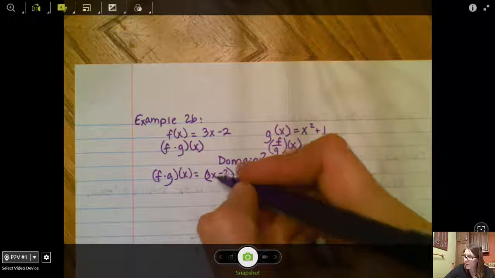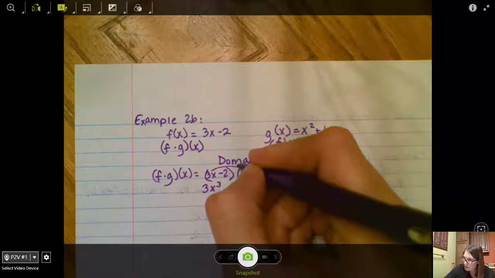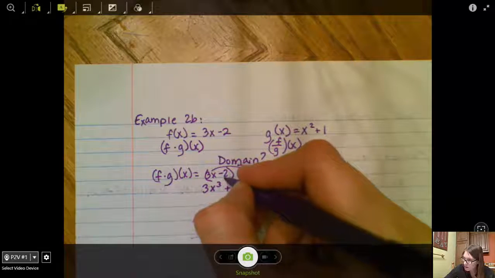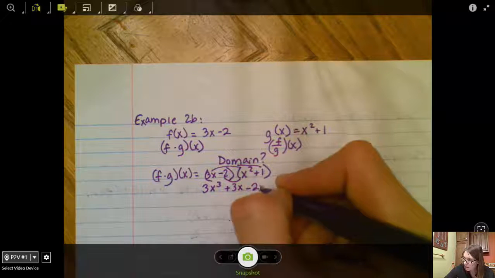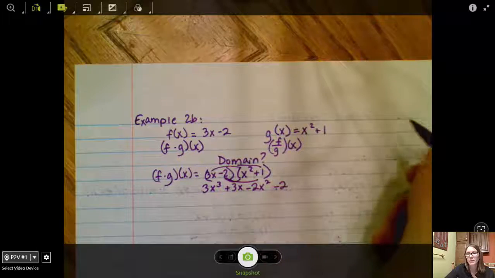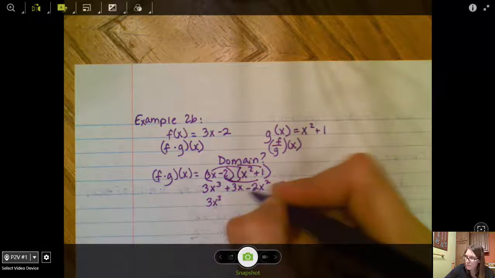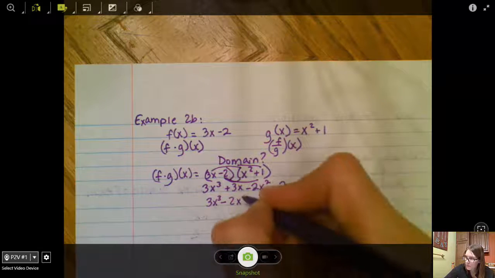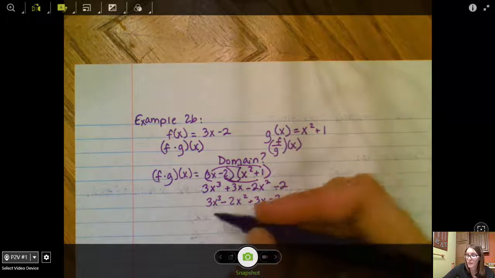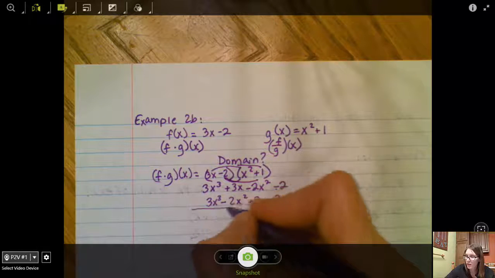FOIL this out. 3x times x squared is 3x cubed, plus 3x, minus 2x squared, minus 2. Now rewrite this in standard form, highest power to lowest power. And there's my function multiplication, f times g of x.